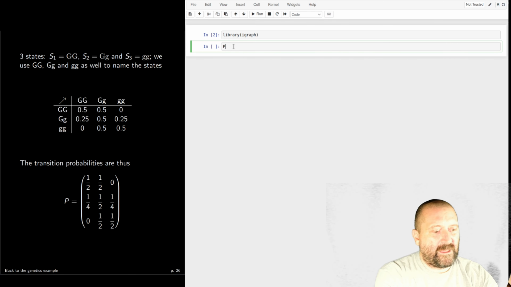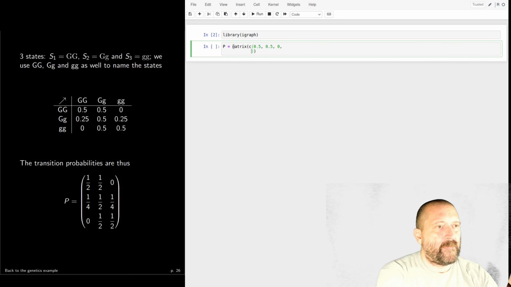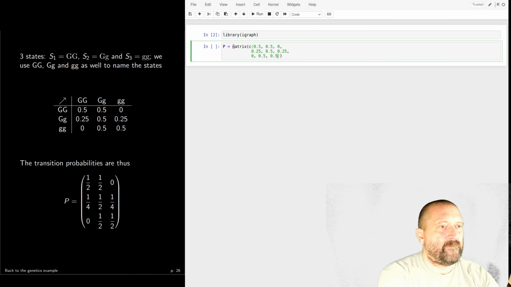I'm going to call it P, and I'm going to say that it's a matrix. It has entries 1/2, 1/2, 0, 1/4, 1/2, 1/4, 0, 1/2, 1/2.